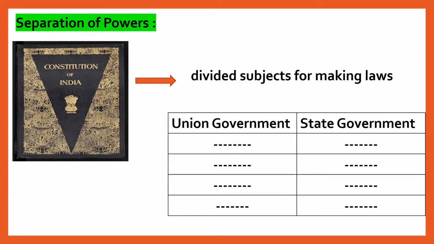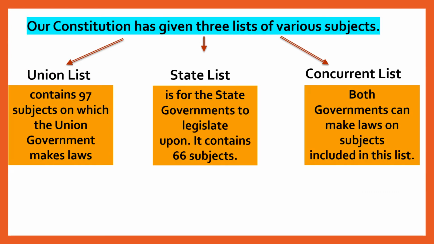Separation of powers. The Constitution has divided the subjects for making laws between the union government and the state governments. Let us see which government is entrusted with what subjects. Our Constitution has given three lists of various subjects.